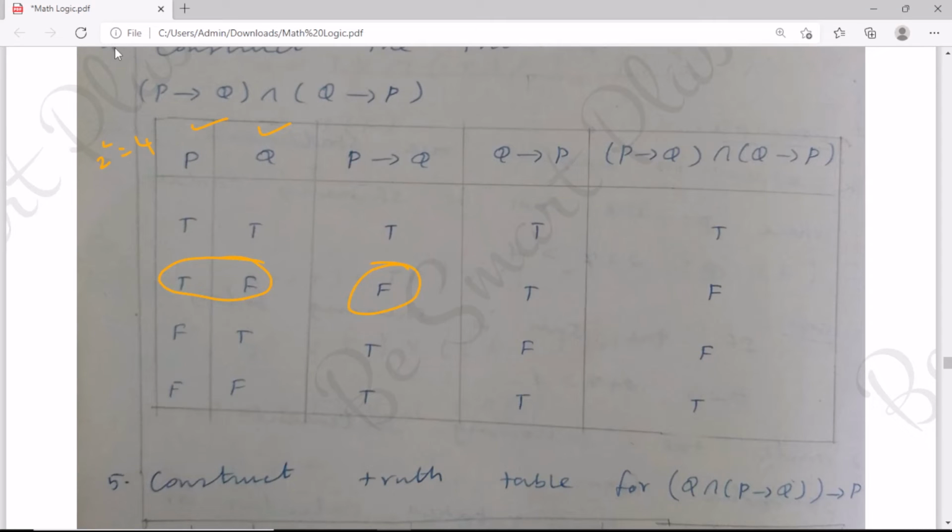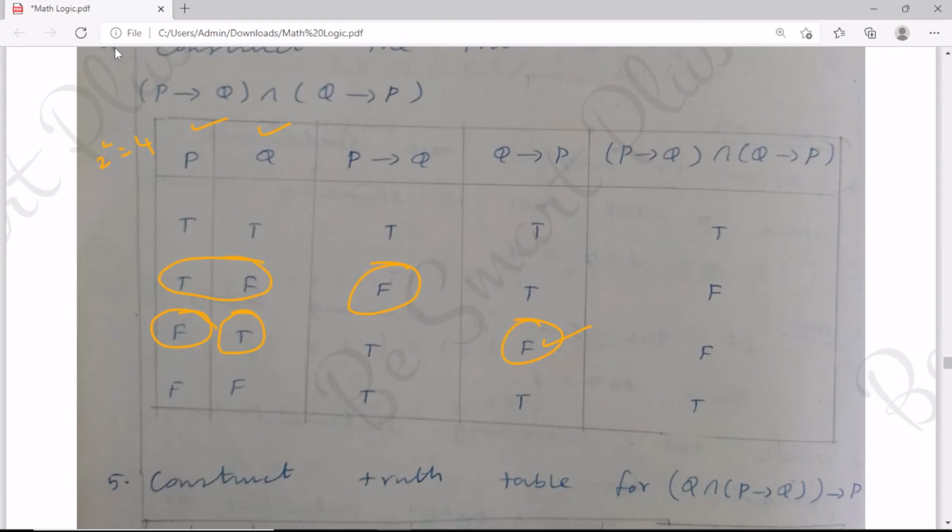Next, Q conditional P follows the same concept. Whenever Q takes the value true and P takes false, only in this case Q conditional P takes the value false, and all the other cases are true only. Now you got the difference between P conditional Q and Q conditional P, isn't it?